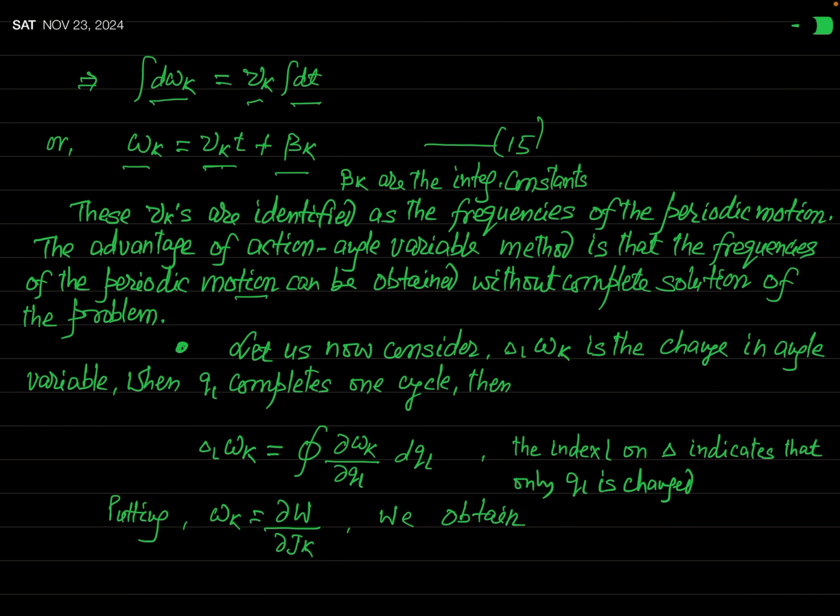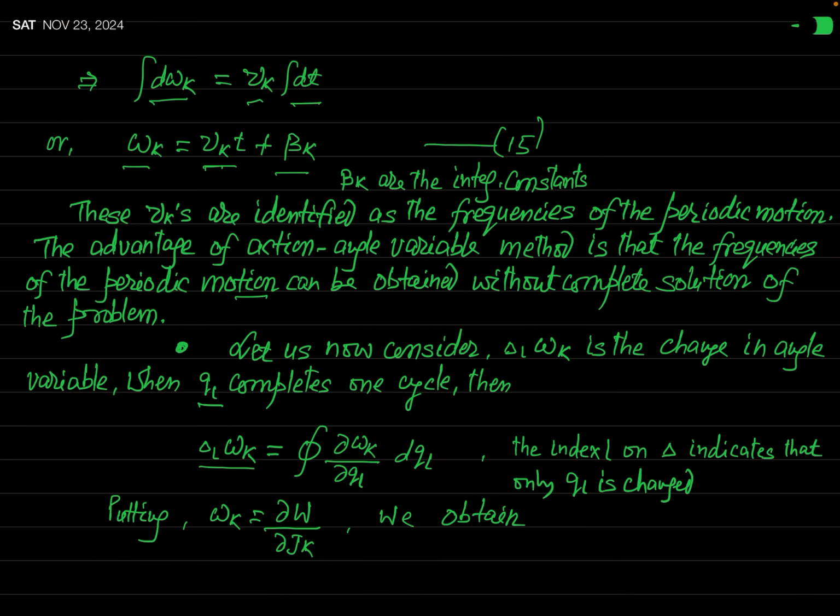Now, let us consider the change in angle variable omega k with the completion of one cycle by this QL. When you write QL, this is one of the coordinates. And that change we denote by the symbol delta L omega k.